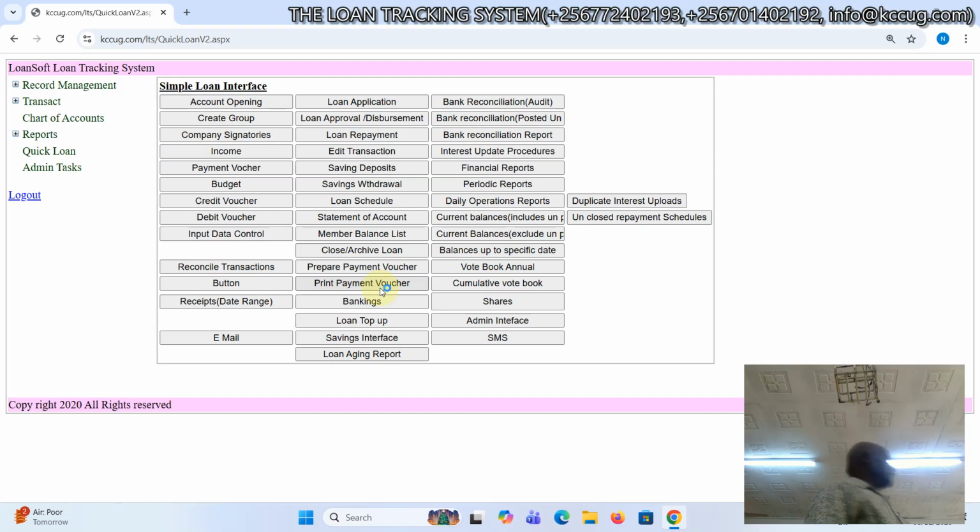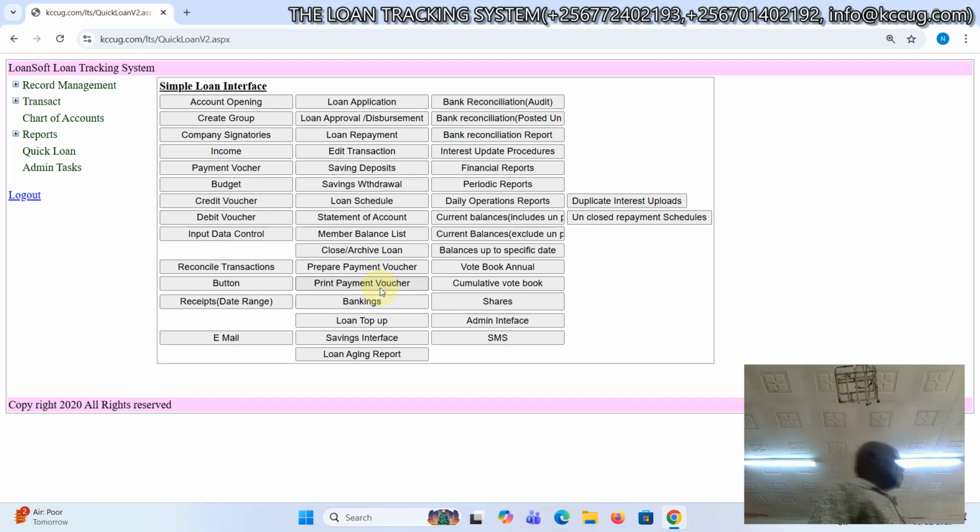Then lastly, we saw how we can make use of a loan portal such that we can each be able to see our respective statements, loan, savings, shares. We could also be able to send feedback to the SACCO executive.